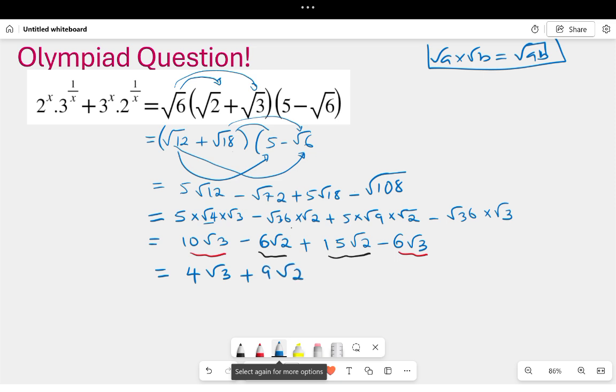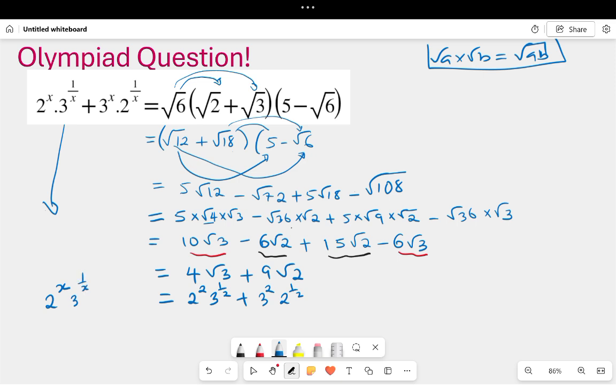This can be simplified further as 2 squared multiplied by 3 to the power half, plus 3 squared multiplied by 2 to the power half, which can be compared to what we have over here as 2 to the power x, 3 to the power 1 over x, plus 3 to the power x multiplied by 2 to the power 1 over x.